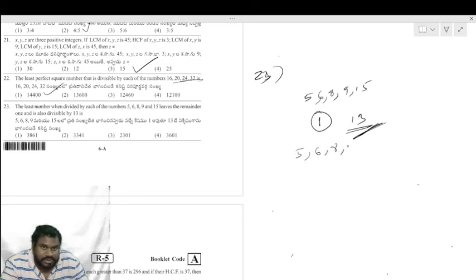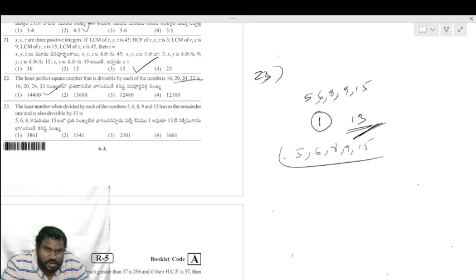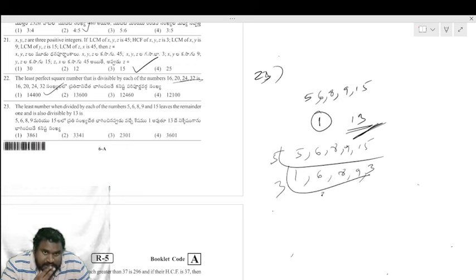5, 6, 8, 9, and 15. Taking the LCM: 5 3s are 15, 30, 360.